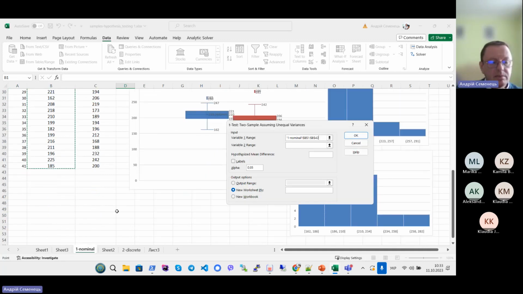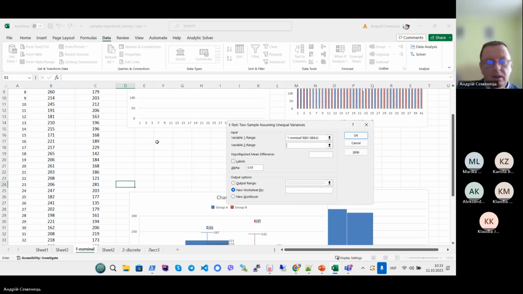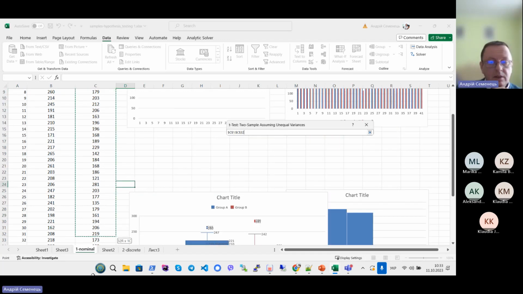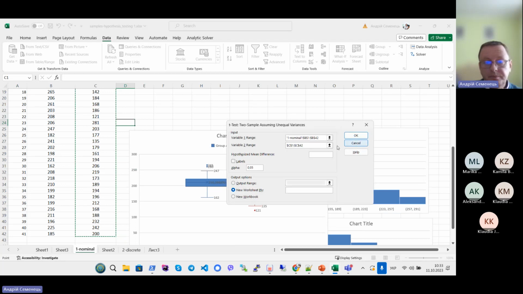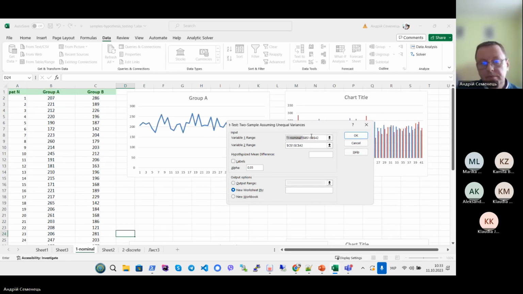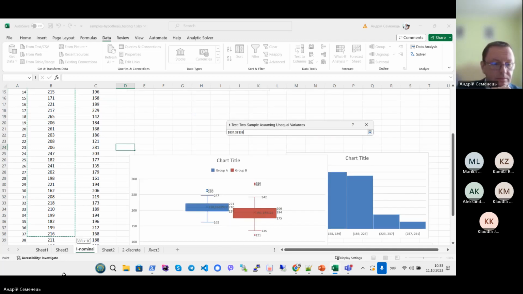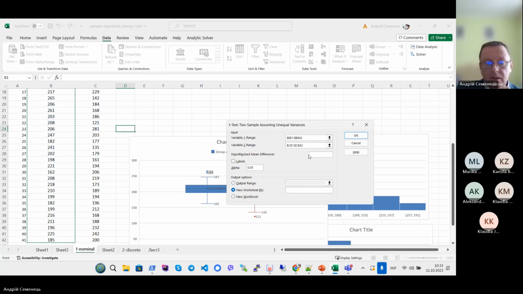First variable, second variable, labels, okay.